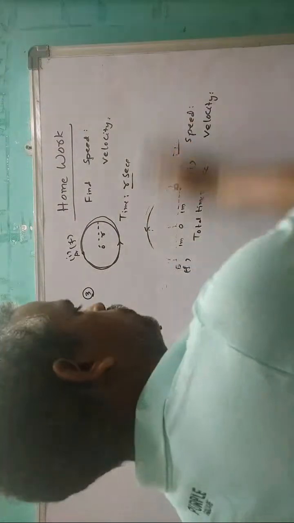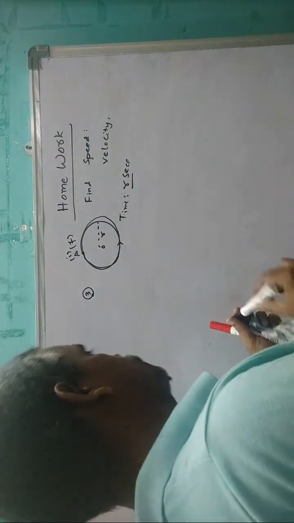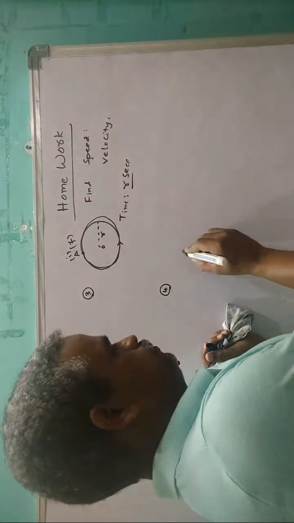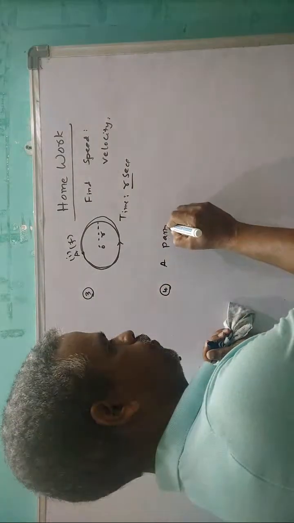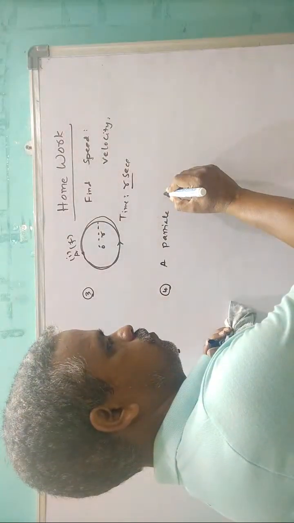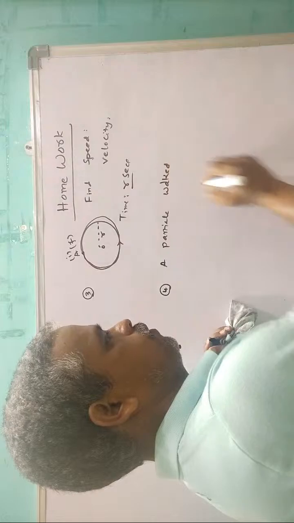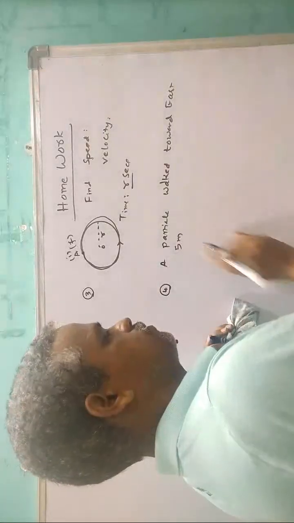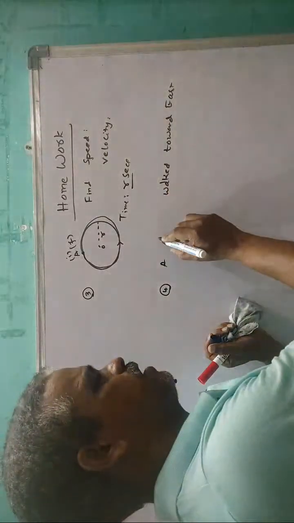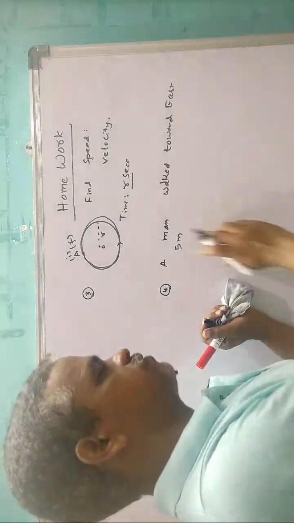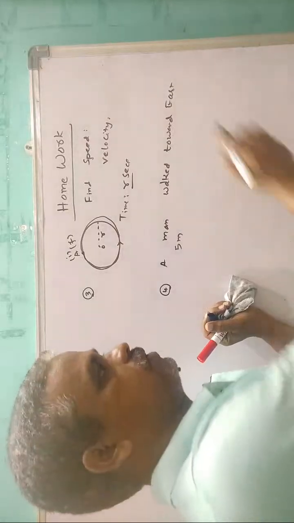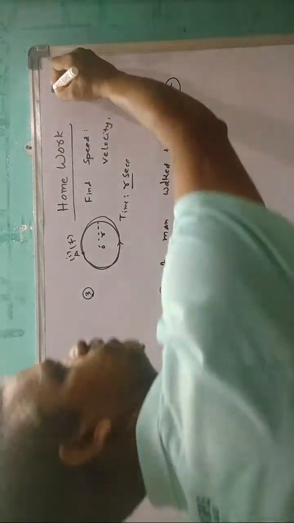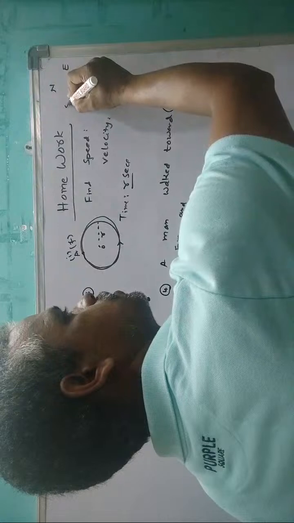So fourth question. A particle walked towards east 5 meter. Take the particle as a man, no problem. A man walked towards east 5 meter. You have to take directions like this: north, west, east, south.